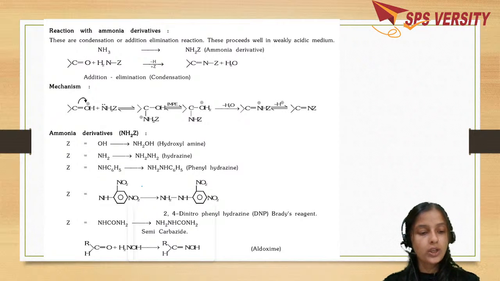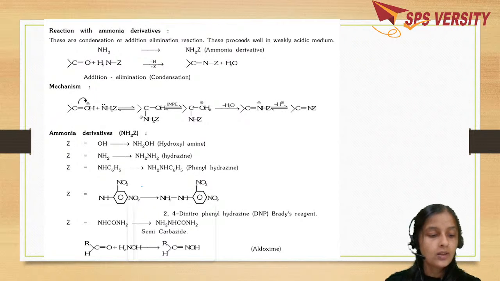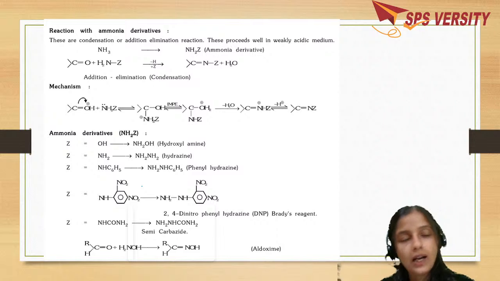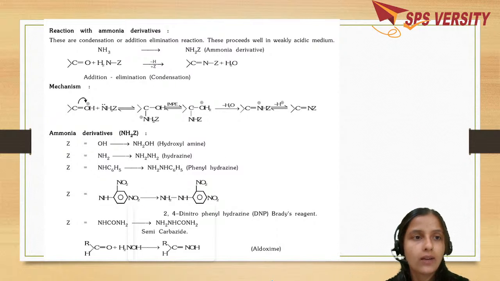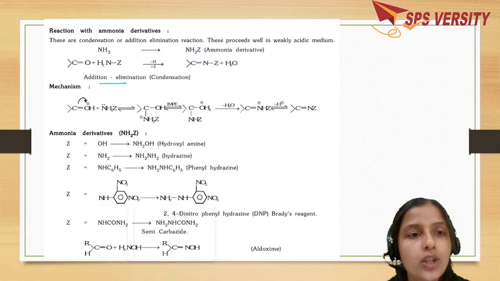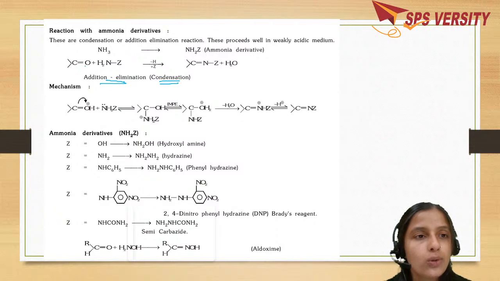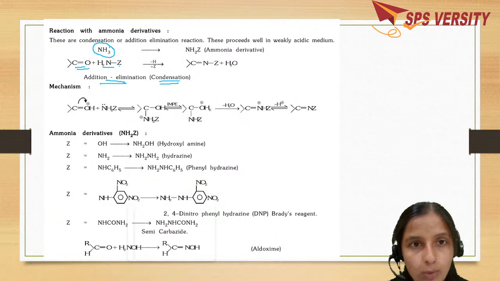The reaction with ammonia derivatives. I already told what exactly derivatives are. Here, this is addition elimination. Addition happens, then the elimination, which is nothing but the condensation. So the carbonyl group is treated with NH2Z, where if Z is equal to hydrogen, then it is ammonia.